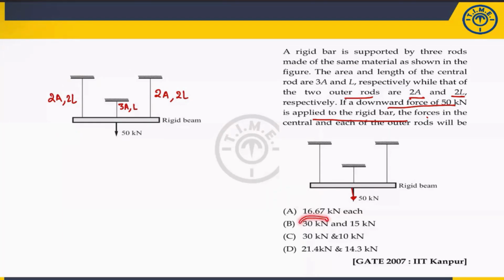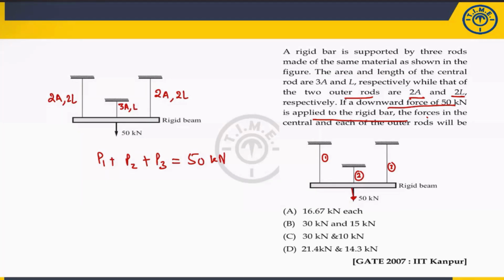Second thing, if you consider 30 kilonewton on the central rod and 15 on the outer rod. So the total, let us suppose this is first, this is second, this is third. Can I write the load on first plus load on second plus load on third is equal to 50 kilonewton? Are you agreed with this fact? The total load acting on first, second and third should be equal to 50.